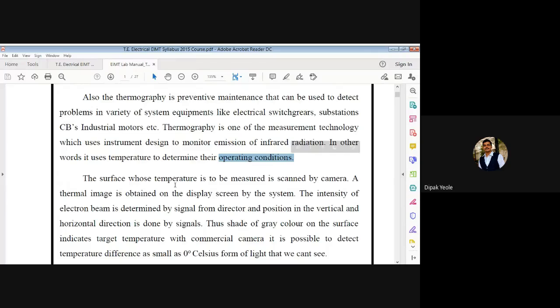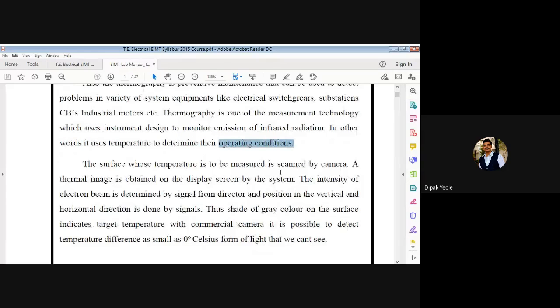The surface whose temperature is to be measured is scanned by the camera. I told you that a lens is available for that camera, and it is going to capture that electrical equipment. There is a display available for that thermography or infrared camera, and on that display we will get the image, or we can take a printout also.